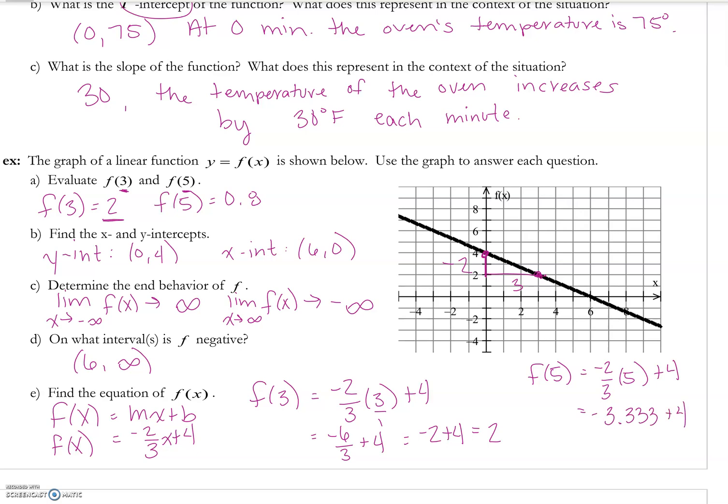So it looks like we may have been just a little bit off on our estimation. If you need to use your calculator for those decimals, and you type in negative 3.333 plus 4, you get 0.667. So we were a little off on our estimation, so it's always good if we do have an equation to check our work with that equation.